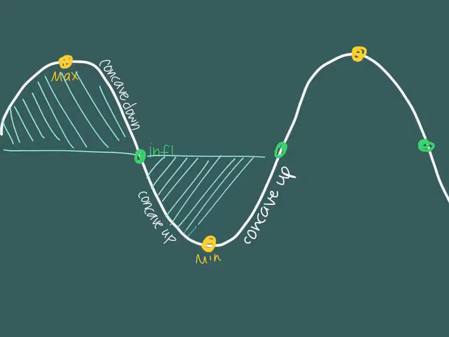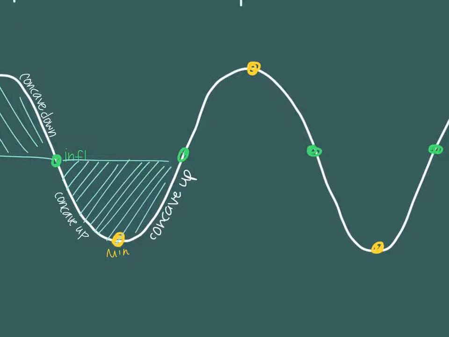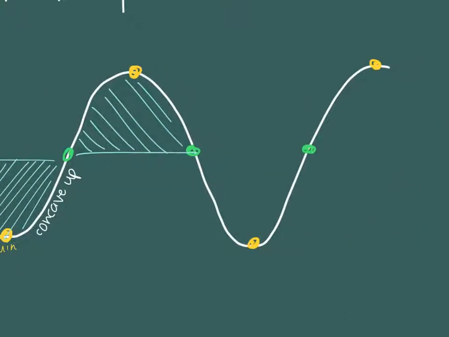These are not parabolas, but it has the property of being sort of like that. So you've got a concave down section, a concave up section, and then between the next two inflection points another concave down section again. This whole section is concave down. And then it just keeps going, another concave up section.